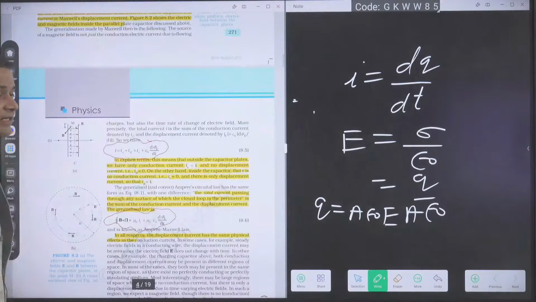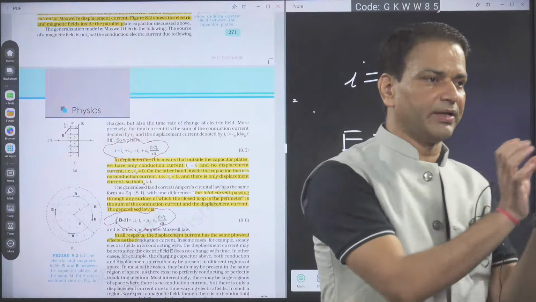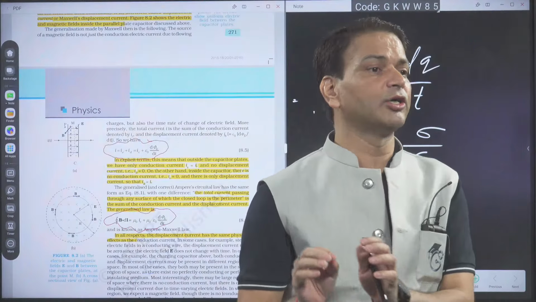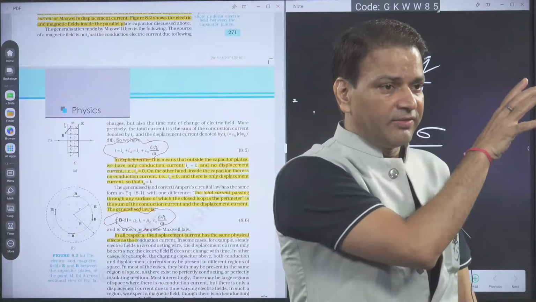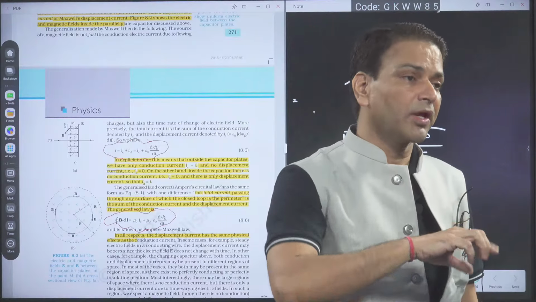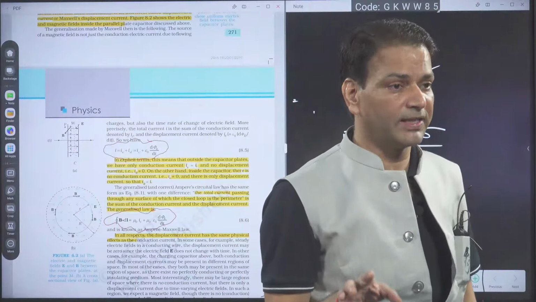Now here in the Ampere law, we were using what? The closed line integration of magnetic field, B dot dl is equal to mu naught into I. But now when we are taking the outside, we are taking the disk, then we are getting the magnetic field due to the conduction current. When we are considering the open part, then we are getting the magnetic field due to the displacement current.